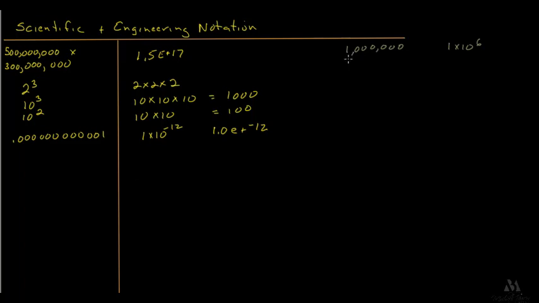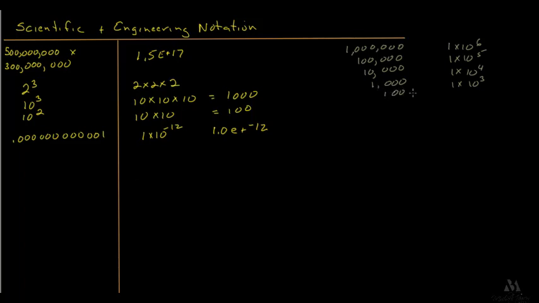On the left side of the decimal place, we count up to the first number. 100,000 would be 1 times 10 to the 5th. 10,000, 1 times 10 to the fourth, or a 1 with 4 zeros. 1,000, 1 times 10 to the third, a 1 with 3 zeros.